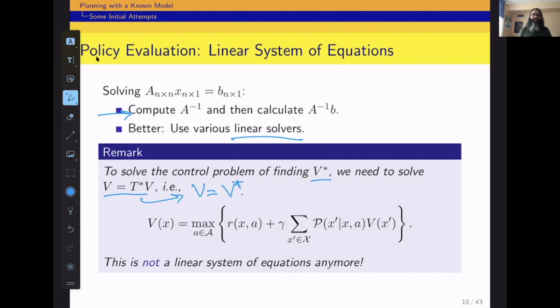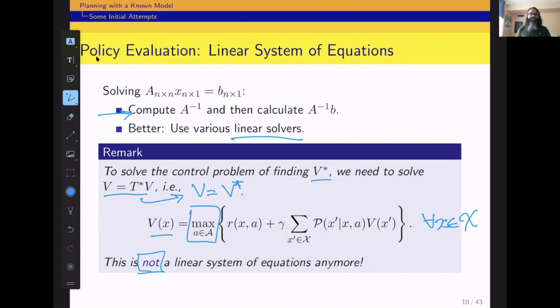The problem here is that we can write this equation for any x, so this holds for all x as before. But here we have this max term, which makes it a nonlinear equation. So this is not a linear system of equations anymore, and we cannot compute the inverse or use linear solvers. We need to use nonlinear solvers.